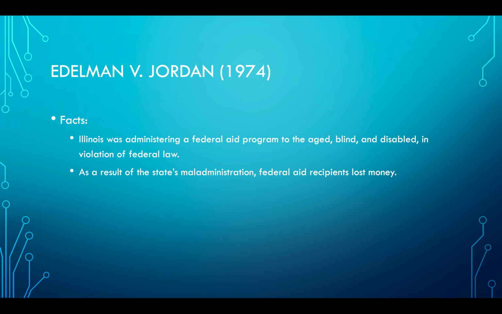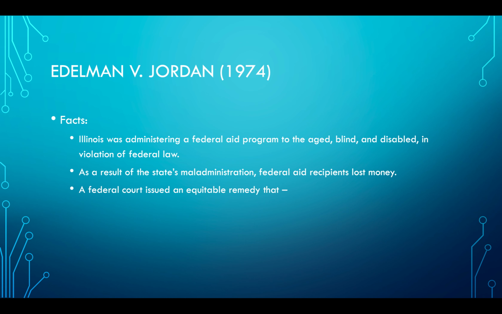And by processing applications late, people who should have been getting this federal aid were delayed in getting the aid because the application was processed late, and the statute required that the states who received this money process applications in a certain amount of time. So a federal court found that, yes, the claim had merit to it.